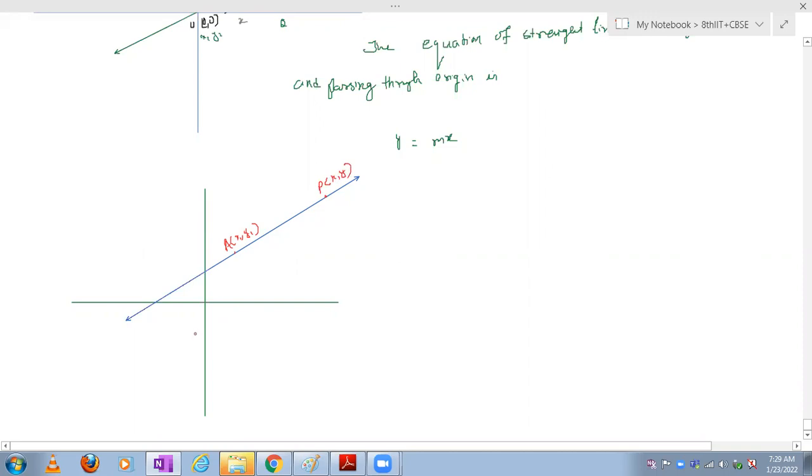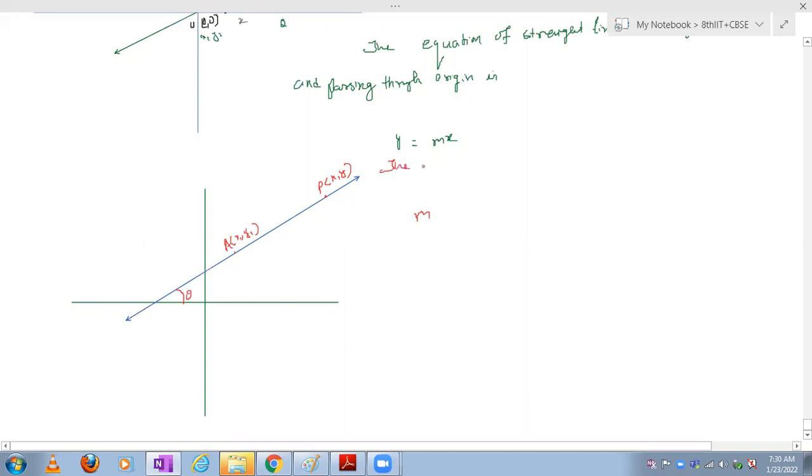Now generally the angle made with the positive x-axis, this is theta. Already we got the slope of this line. The slope of this line m is equal to what? What is m? Here it is tan theta.